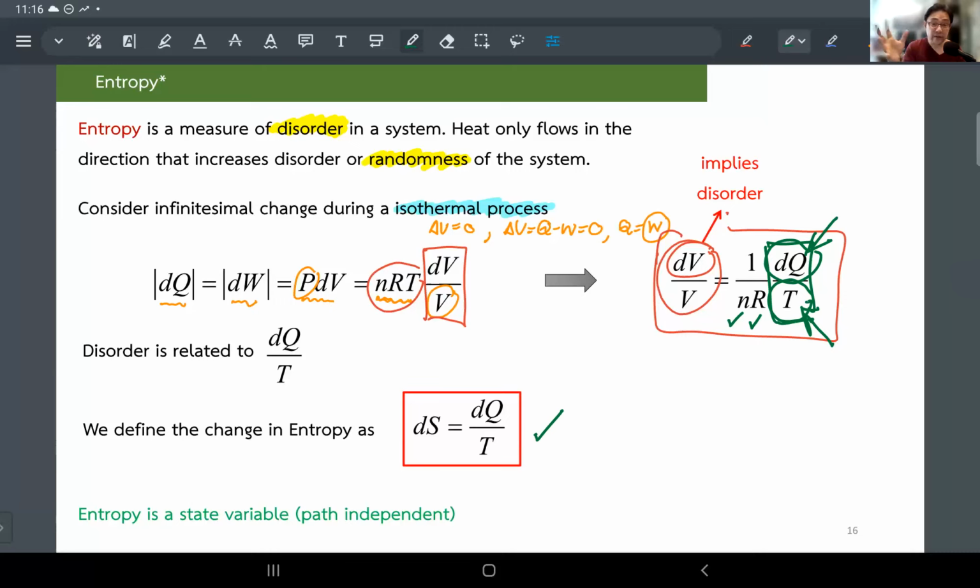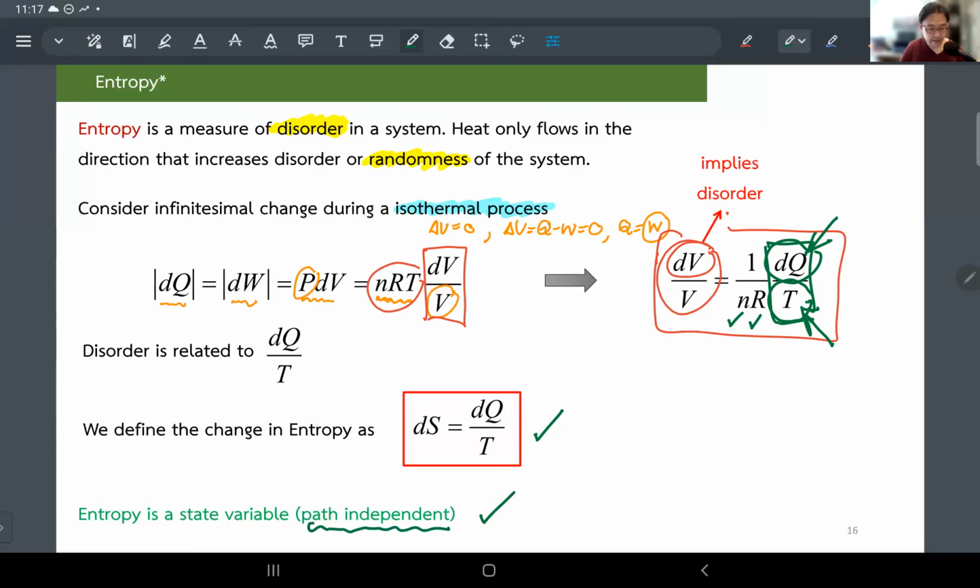But it turns out we haven't calculated entropy much in our lives somehow. All right, so why do we care so much about this? Because it has the same property as energy. It's path independence, guys.